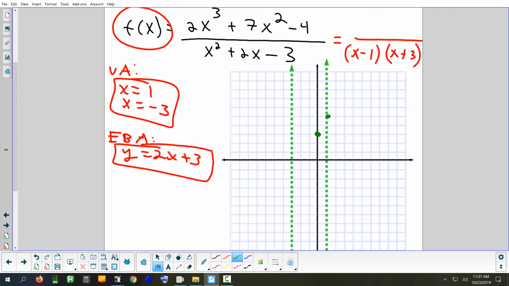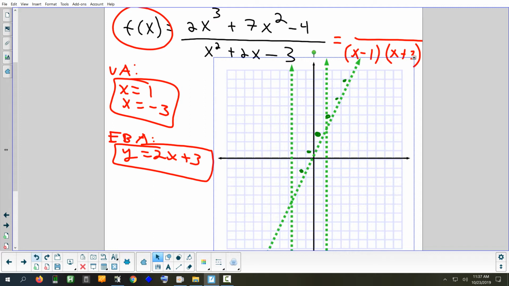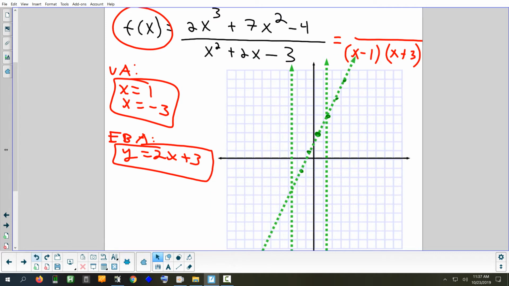So up 2, right 1. And we could also go down 2 and left 1. As long as I'm straight here. Let's put the dotted line in. So about like that.